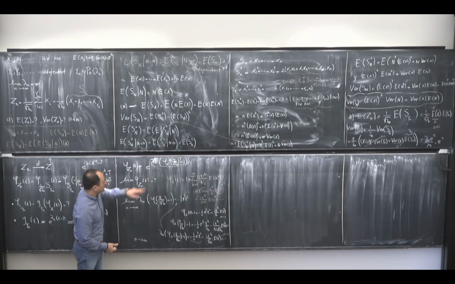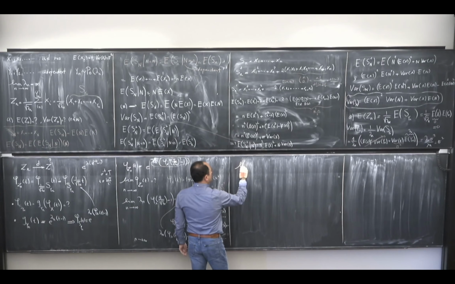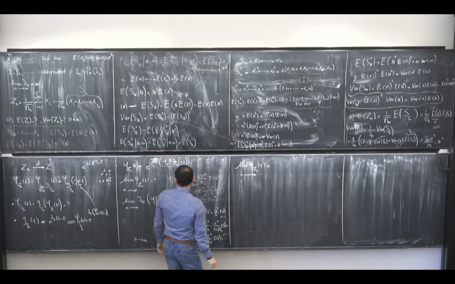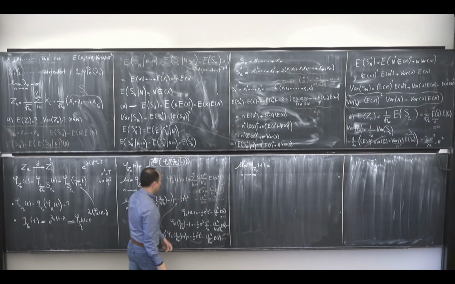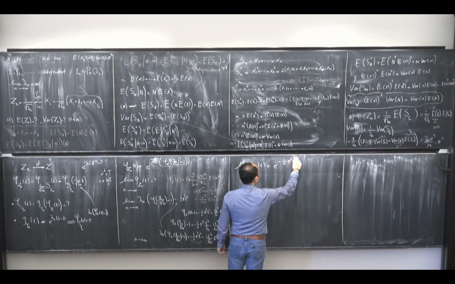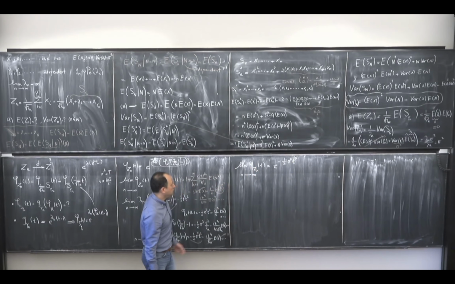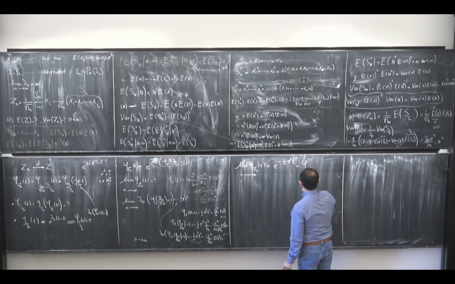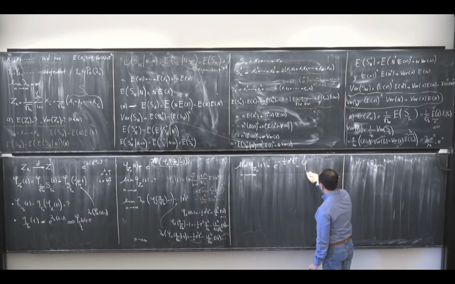This is constant. So finally tell me, what is this limit? As n goes to infinity, it becomes exponent of this. So it becomes e to the power of minus 1 over 2 sigma squared t squared. Yes? And this is very famous. What is that? This is phi of which distribution? Normal distribution, standard normal distribution.